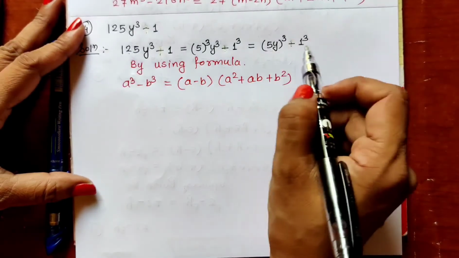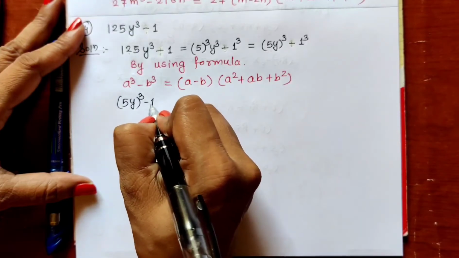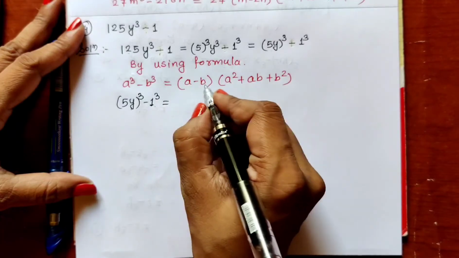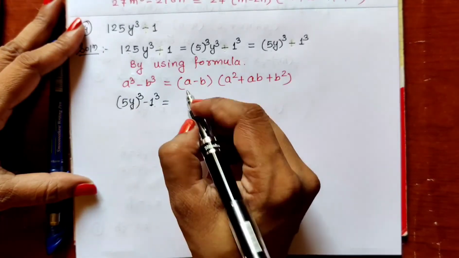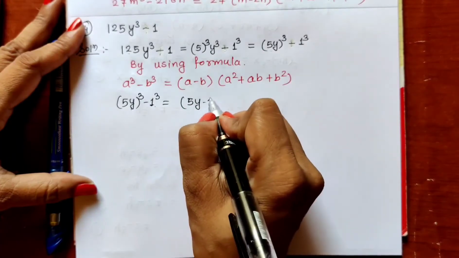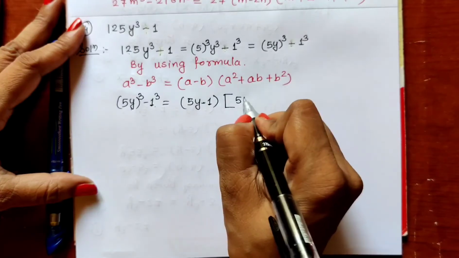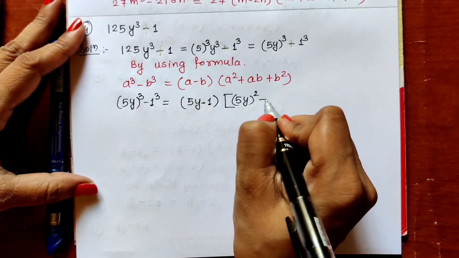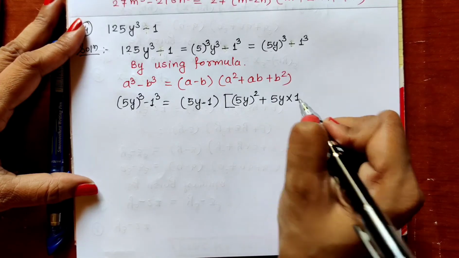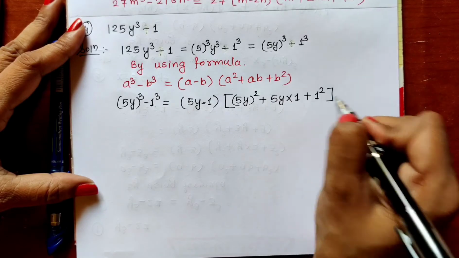Now write this sum, 5y whole cube minus 1 cube. Our a is 5y, b is 1. So in place of a we write 5y, in place of b we write 1. So keep on writing. A minus b means 5y minus 1. In second bracket, a square means 5y square plus a into b means 5y multiply by 1, plus b square means 1 square.